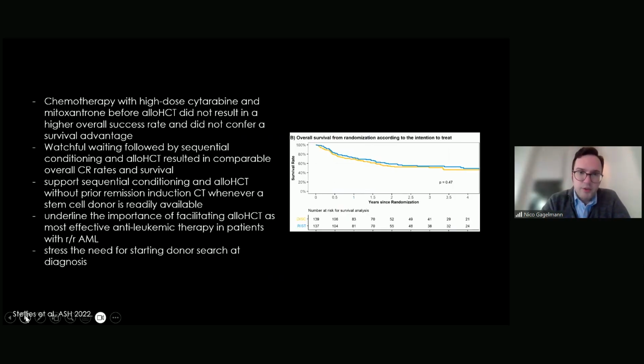On the other hand, what I would just like to point out when we talk about AML or secondary AML, there was the study that was plenary at ASH in 2022, still not published, maybe because of not such positive signs, showing that if we compare sequential conditioning with directly undergoing stem cell transplantation, it does not seem to improve outcomes, even with slightly higher complete responses.